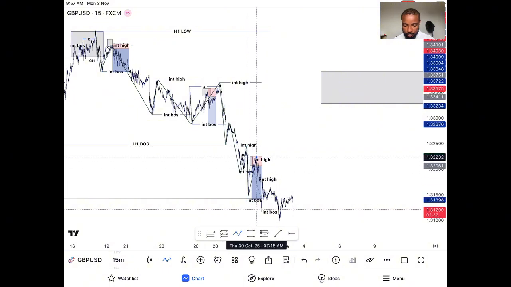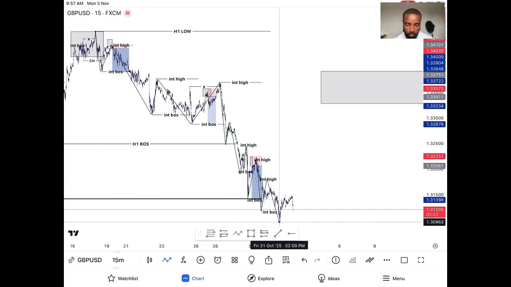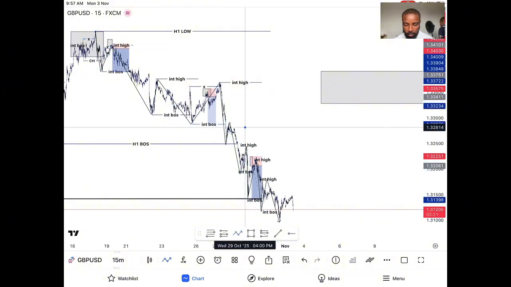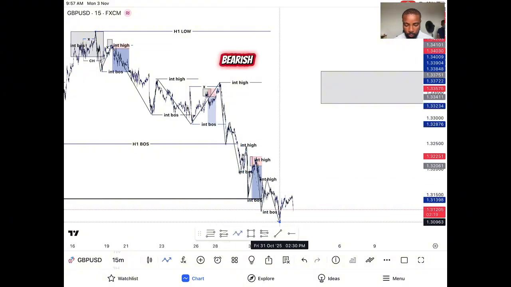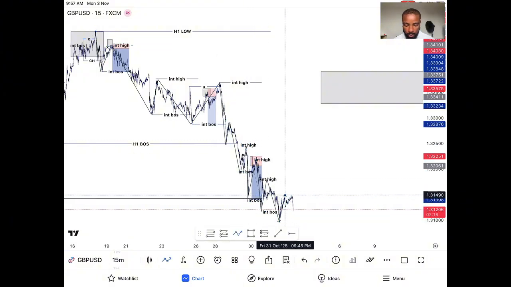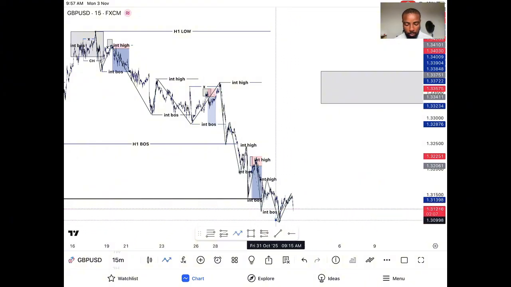If you look closely, you see that the 15 minutes is currently doing what? It's currently bullish. So we've gotten our new lower high here. So what we're expecting is for price to do what? For price to make a lower low, to create a new low. That is what we're expecting price to do in this scenario.